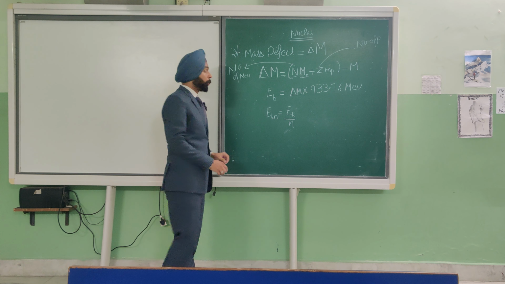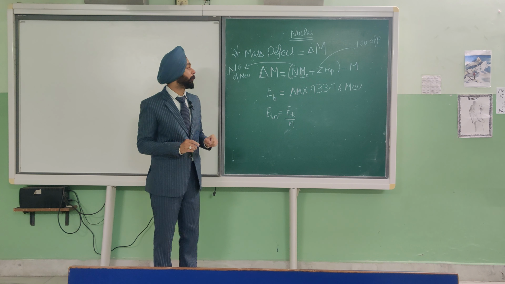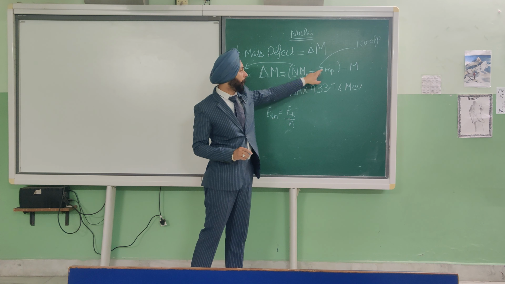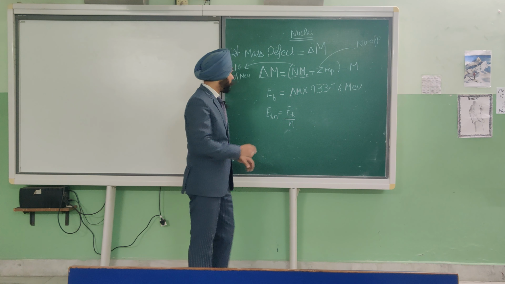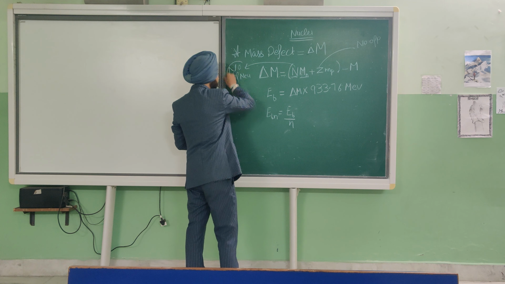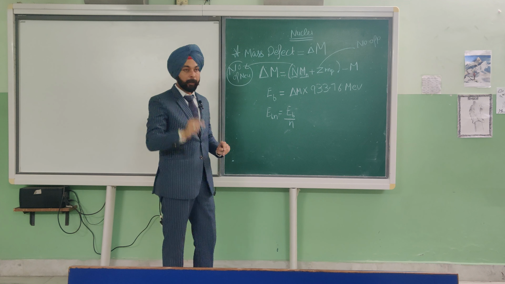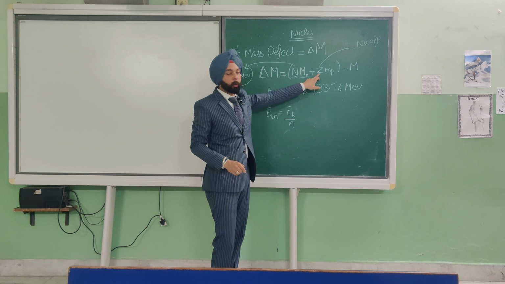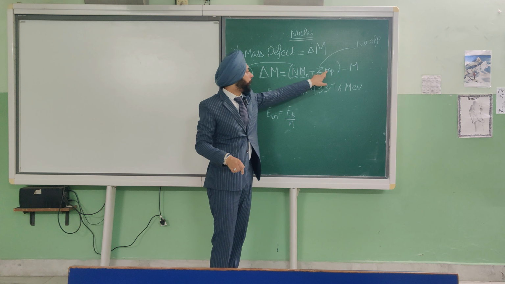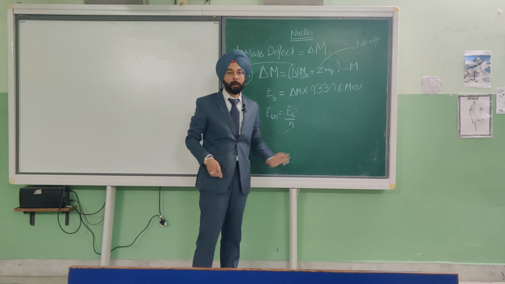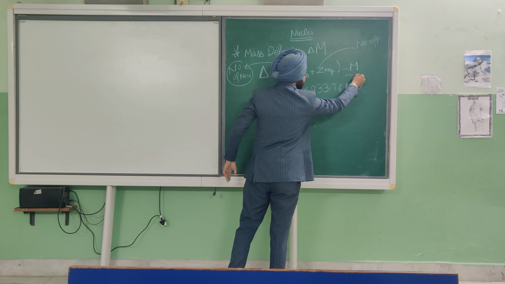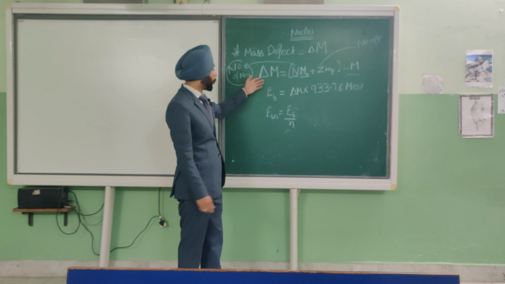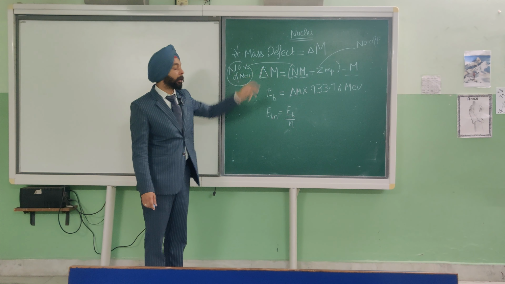The mathematical formula of mass defect is delta m equals N mn plus Z mp minus M, where N is the number of neutrons present in the atom and mn is the mass of the neutron, plus the number of protons present in the atom multiplied by the mass of a proton, and minus M, where M is the mass of the nucleus.